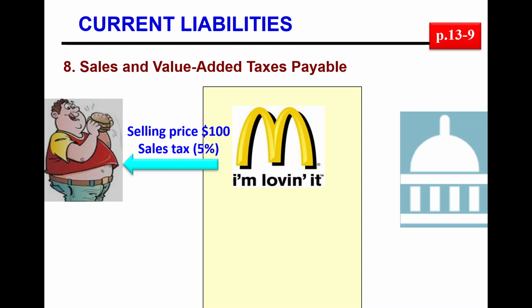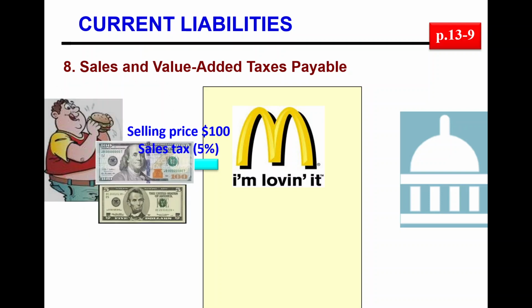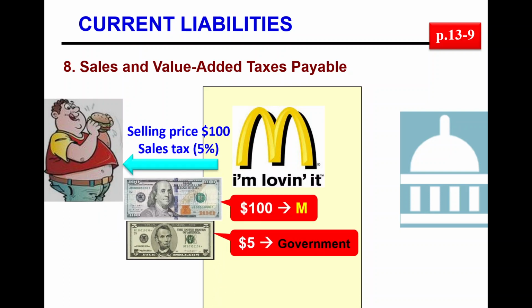So you not only pay the selling price to buy the hamburger, you still have to pay the 5% sales tax to whom? To the government, right? So in total, McDonald's will get $105. But McDonald's can only keep 100, because that 100 belongs to McDonald's, right? So how about the $5? Don't forget, the $5 belongs to the government.